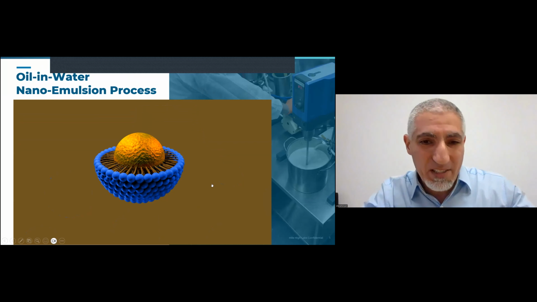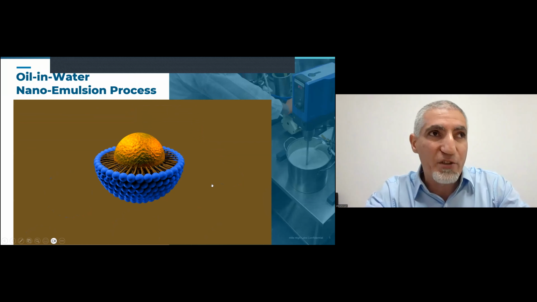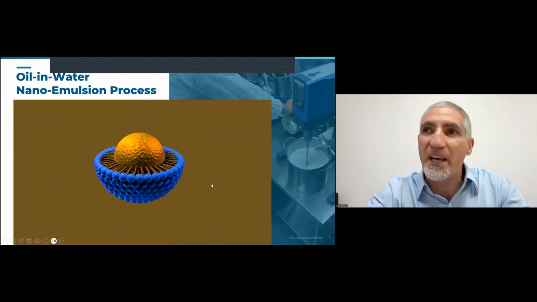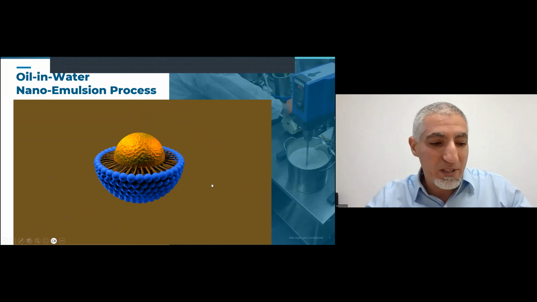However, in this case, this emulsion so far is actually a macro emulsion. It has an emulsion droplet size or diameter of 2 to 3 to 4 micron. And because of that, it's not stable.